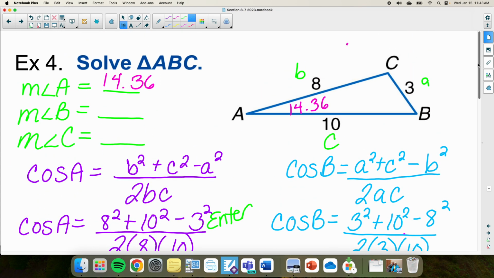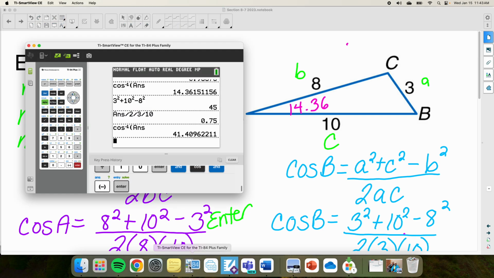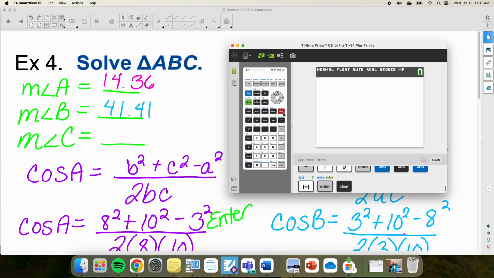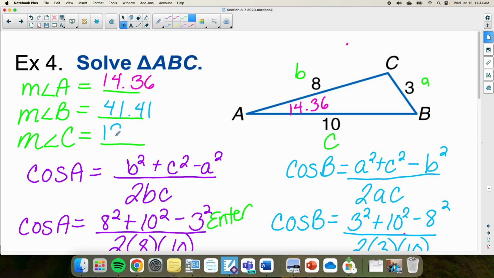So then if I go back here, that was for B. And then you just add those two together and subtract from 180. So 14.36 plus 41.41 is 55.77, and then you can go 180 minus, and you could go second answer again, and we get 124.23.